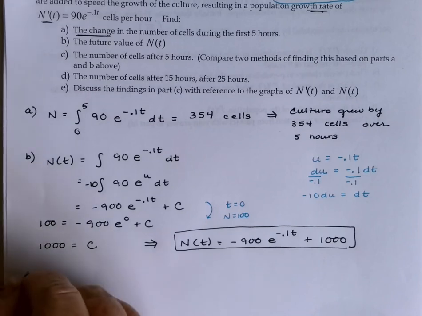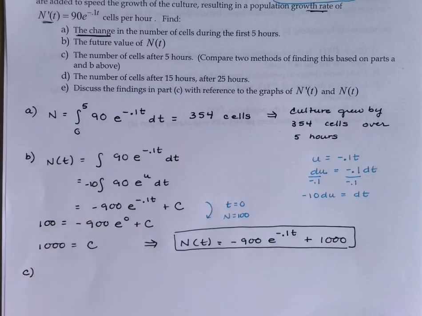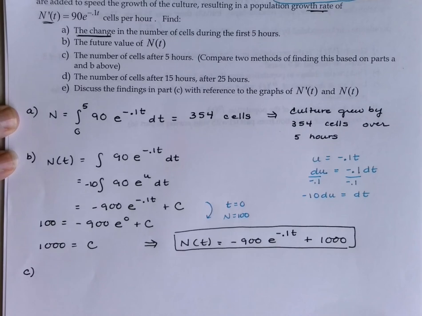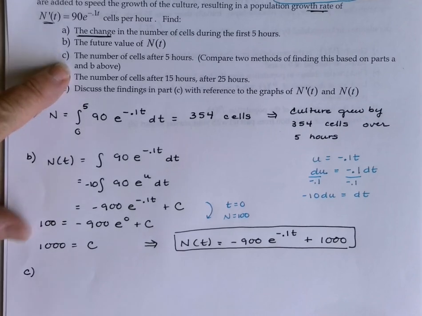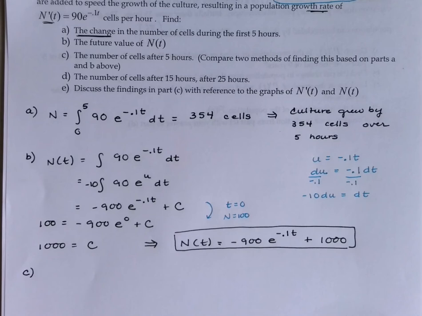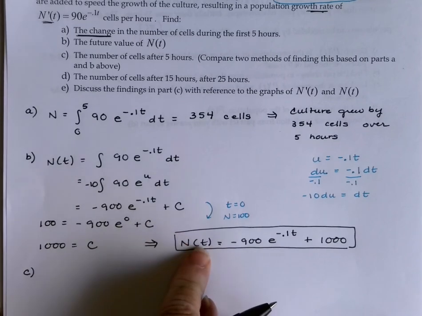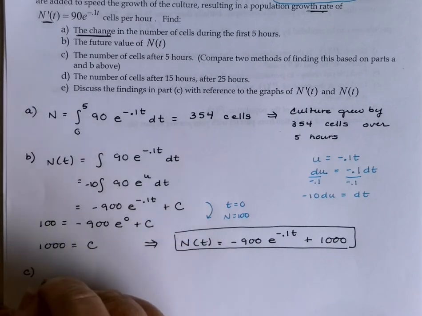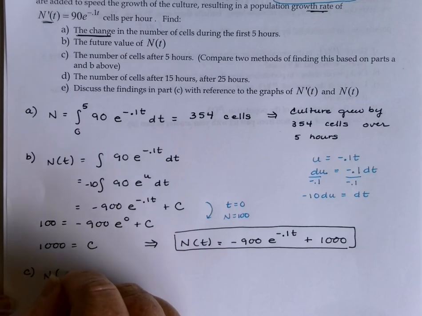All right, in part C, we're going to reconcile what we did in part A with part B. Part C says find the number of cells after 5 hours. Well, this is now my equation for the number of cells, so I should just be able to do n of 5.